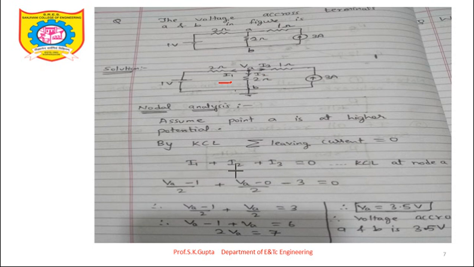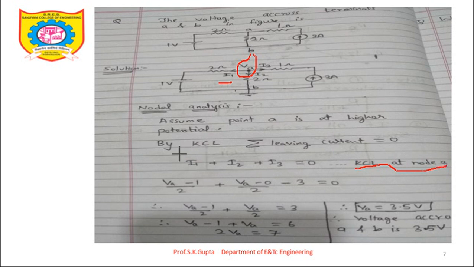So I1 plus I2 plus I3 equal to 0. I am applying KCL at this node, because nodal analysis means KCL plus Ohm's law. First you should apply KCL, then you should apply Ohm's law. So this is the KCL equation at node A.